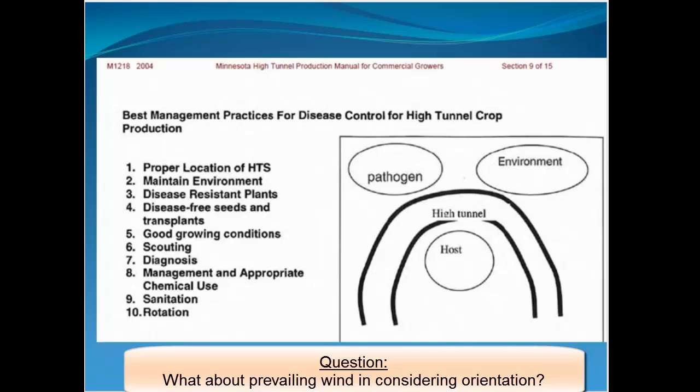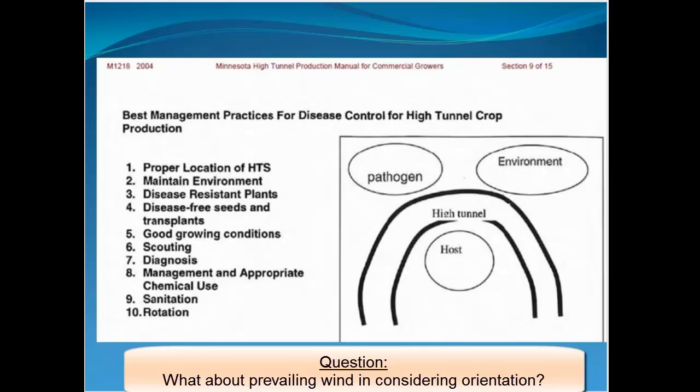What about prevailing wind in considering orientation? Yeah, that's certainly a valid question, and that is certainly something that you need to consider, and that is true whether you're using single bay tunnels or gutter connect tunnels, either one.